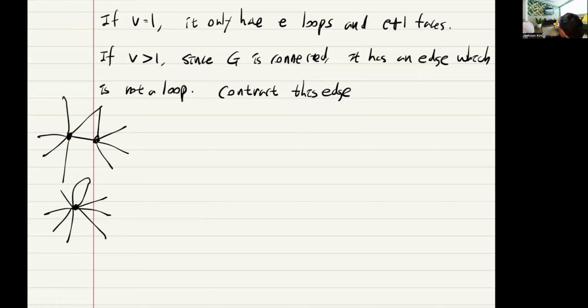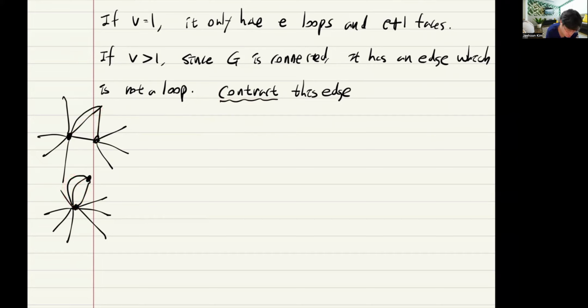In this contraction, multiple edges may arise. If there were two edges standing here and one standing here, then after contraction we have three edges between.